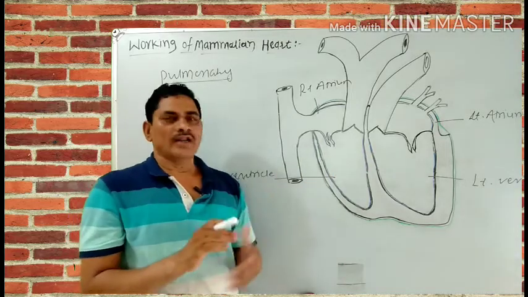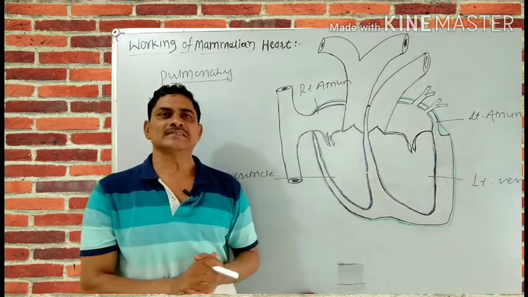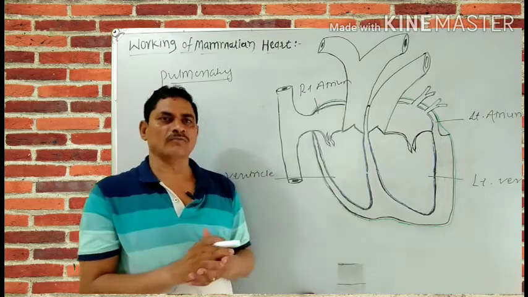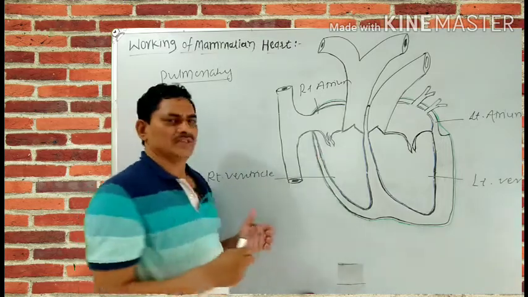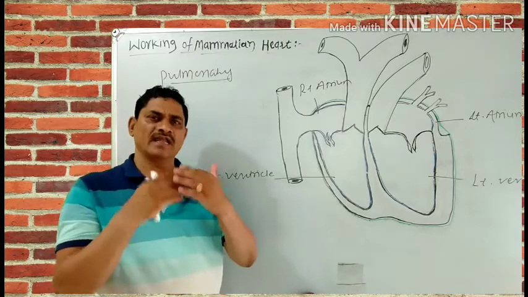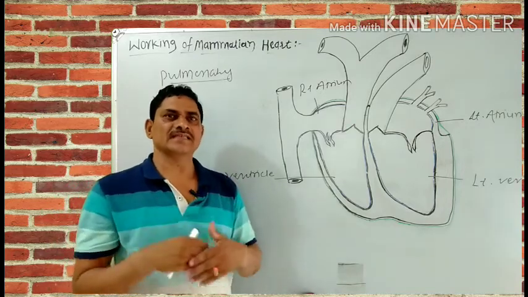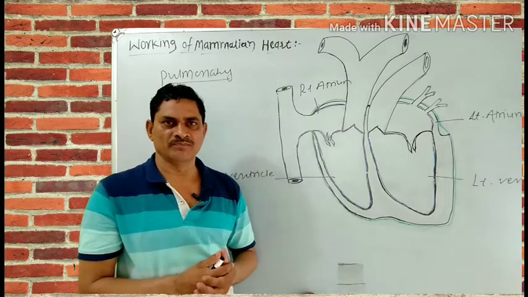It is also called the suction pump because it sucks deoxygenated blood from all parts of the body. Therefore, the mammalian heart acts like a forcing pump and like a sucking pump.